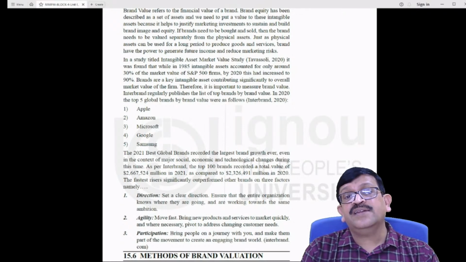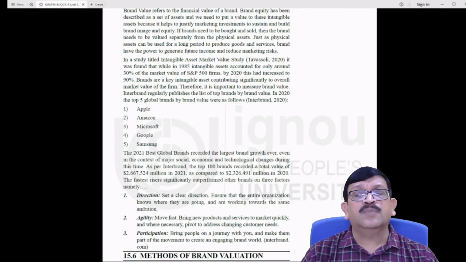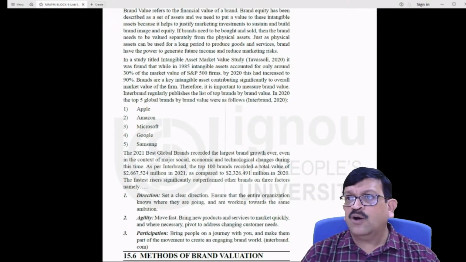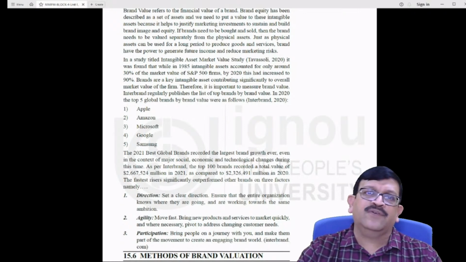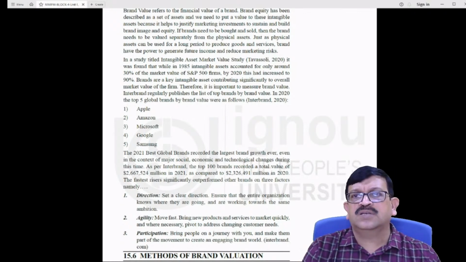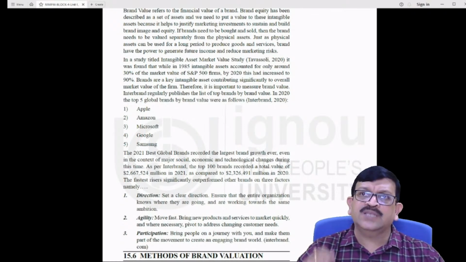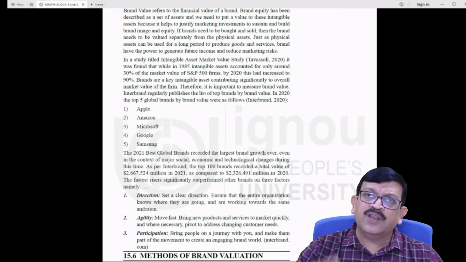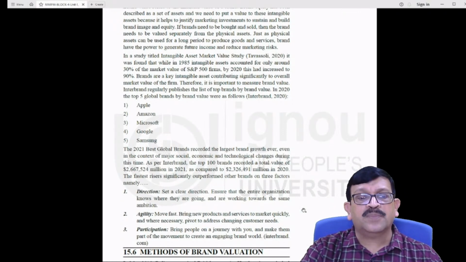So when brands are an intangible asset which contributes so significantly to the market value of a firm, obviously it's a wake-up call. That also spells out why we need a very robust brand portfolio consisting of very strong brands with very strong values, where you can find that the equity is very strong and has the strength to fight back the competition.